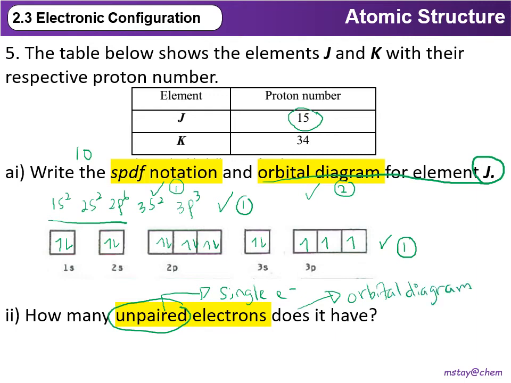From here we can see the 3p orbital has 3 electrons, with only 1 electron in each orbital. So how many unpaired electrons? The answer is 3 unpaired electrons. So another 1 mark here.